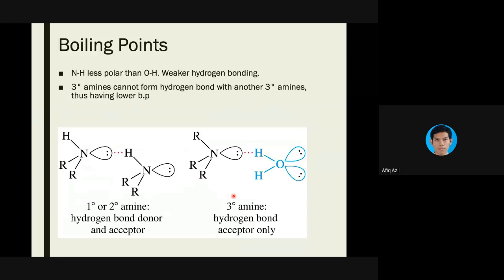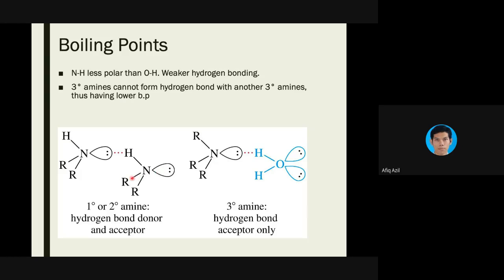If it doesn't have hydrogen bonds among the same molecules, it will be easier for the molecules to change from liquid to gas. But primary and secondary amines have the option to form hydrogen bonds with other molecules of the same type.